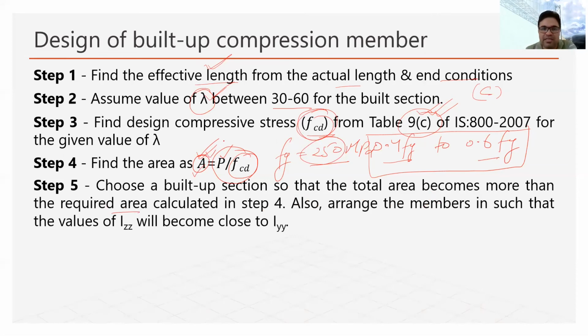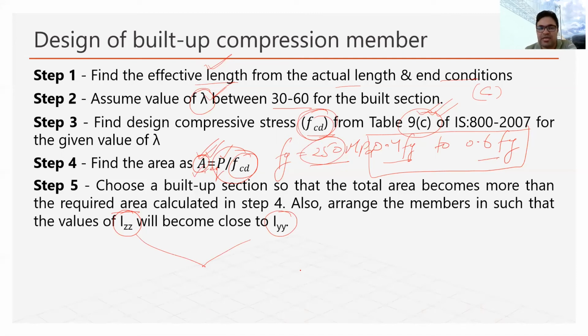This A we will take as A required. So we will choose a section whose area is more than the required area. And we will also arrange the member in such a manner that the moment of inertia about the ZZ axis and about the YY axis become close or equal. What is the reason for equating them? As I said, for the radius of gyration in a built up section, we try to place sections such that RZZ equals RYY, because in most cases RZZ is more than RYY.